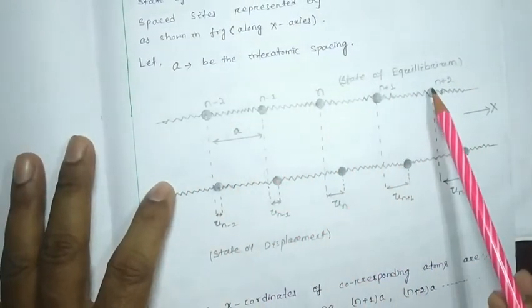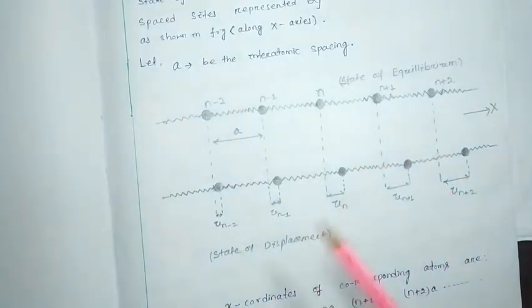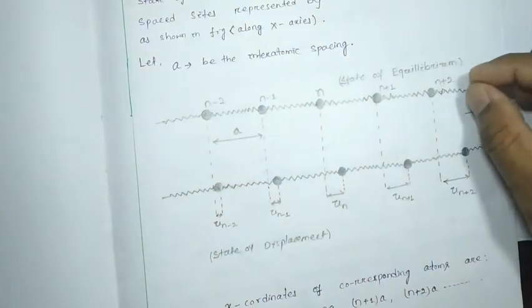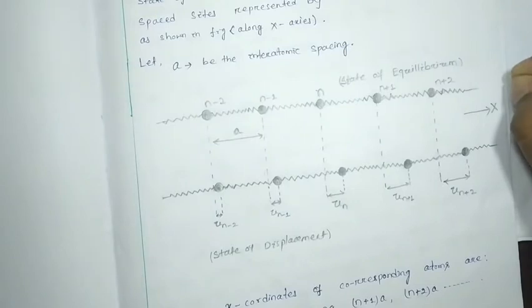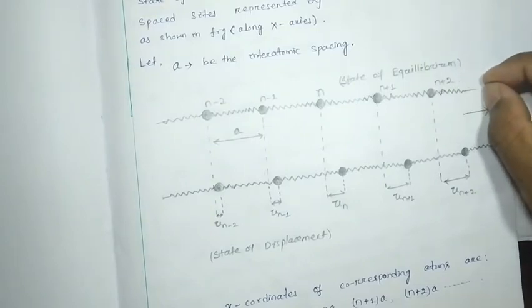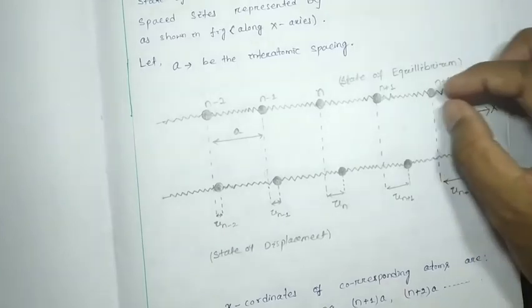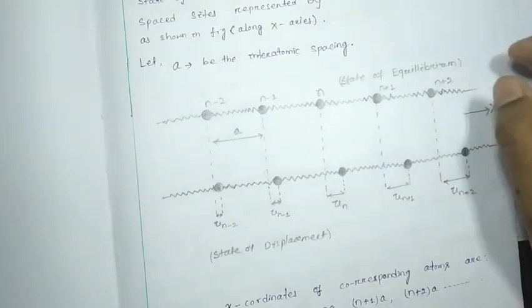So here let the lattice start vibrating. This is the state of equilibrium, and now we have to consider the state of displacement. Displacement means, suppose this is the chain and I drag this one somewhat to this side and leave it, or I give a force on this side, then the atoms on this chain are going to vibrate like this, one dimensionally.